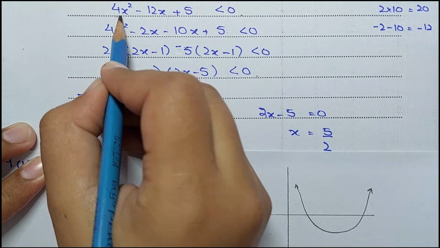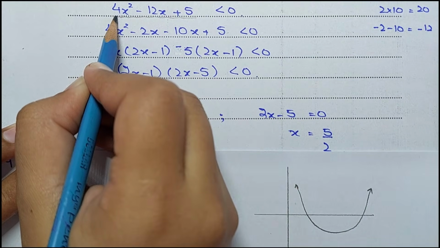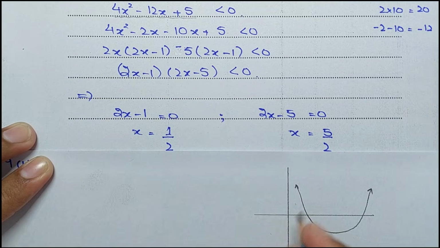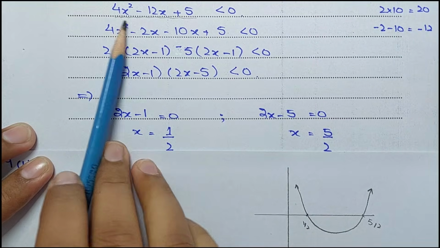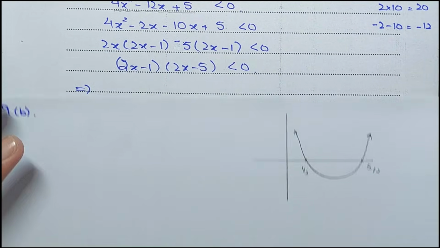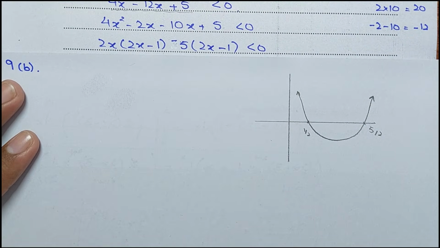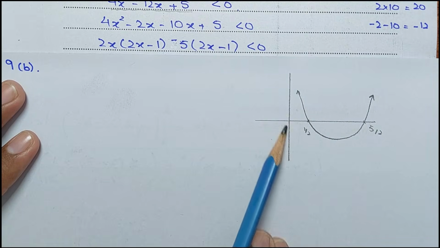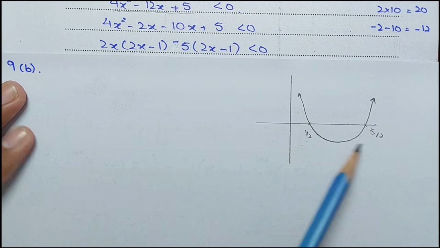The parabola for this, opening is upward because the leading coefficient is positive, 2 zeros, which is 1 by 2, and we have 5 by 2. So we need to figure out when this parabola is less than 0, when the outputs are less than 0, the y values are less than 0.